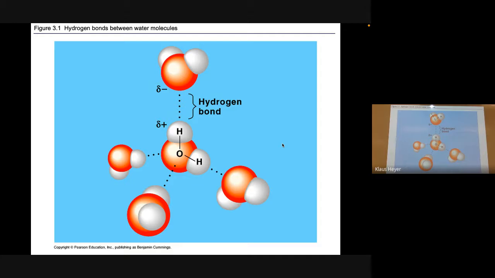There's lots of things that can break hydrogen bonds, like heat, for example. Something like an acid. Acids will break these hydrogen bonds. It's not just water that forms hydrogen bonds, other things in your body use these bonds.